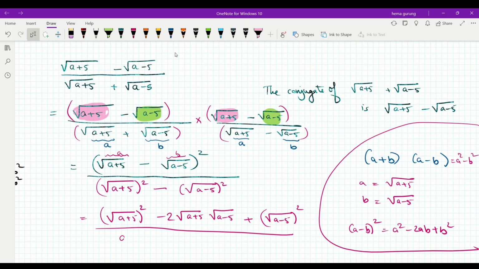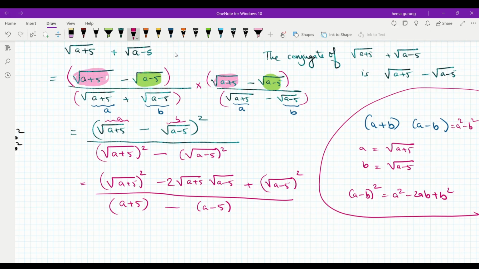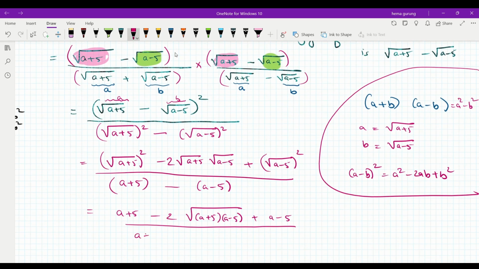The square of √(a+5), is it a + 5? And then this one I'll write (a − 5) but in brackets. Okay, now this one again: a + 5 − 2√(a+5)(a−5), and this one a − 5, divided by, open the brackets there, (a + 5) − (a − 5).